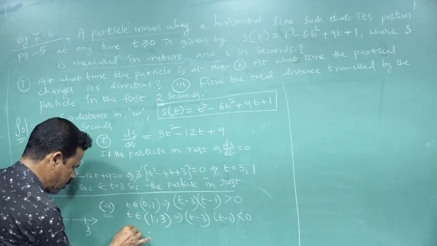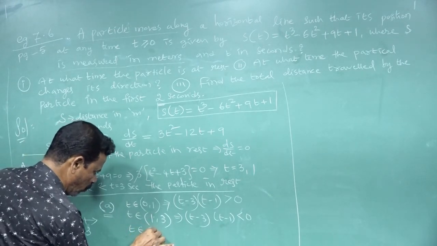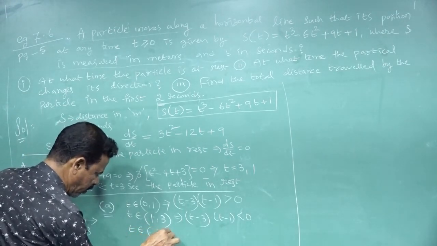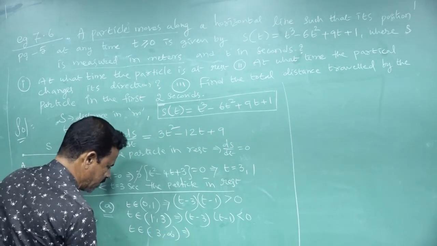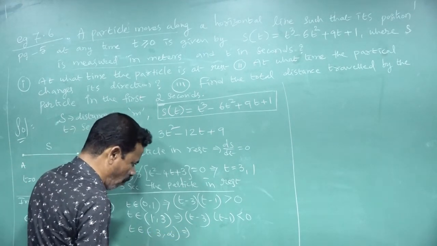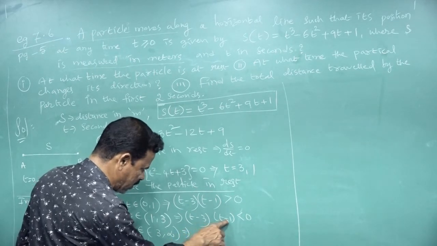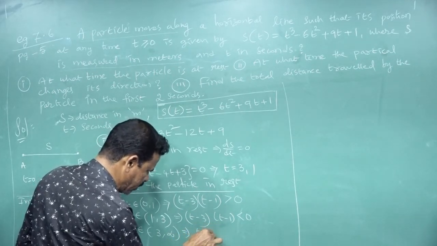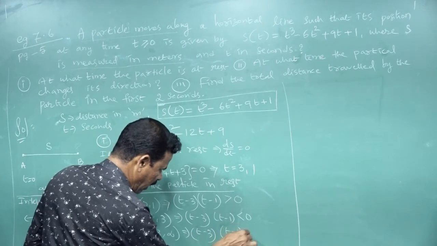After this, T belongs to 3 to infinity. That means above 3, consider the value 4. 4 minus 3 positive, 4 minus 1 positive. So T minus 3 into T minus 1 is greater than 0.